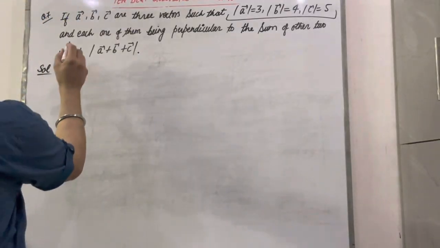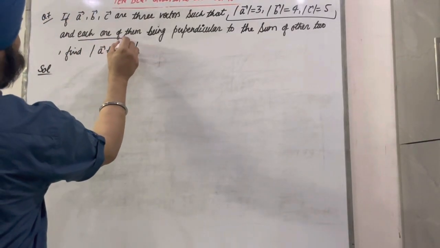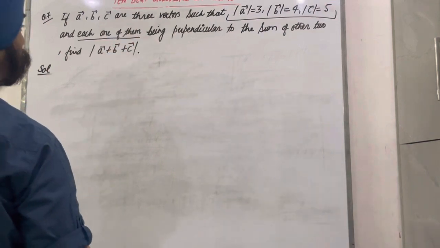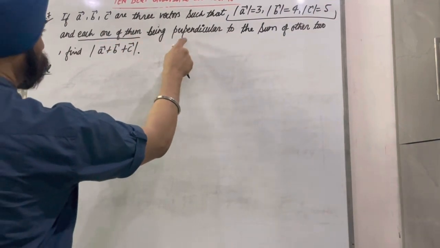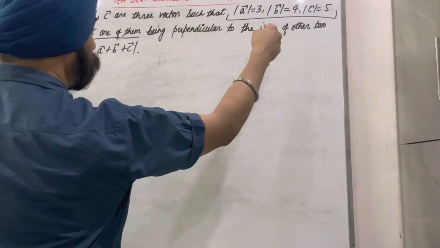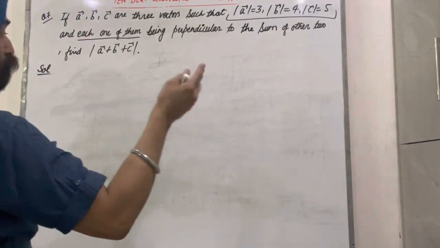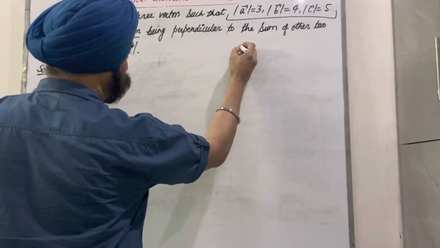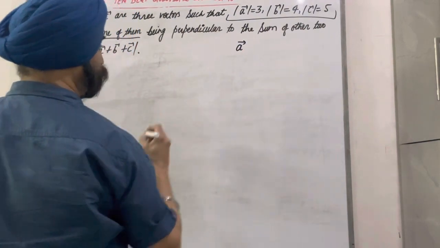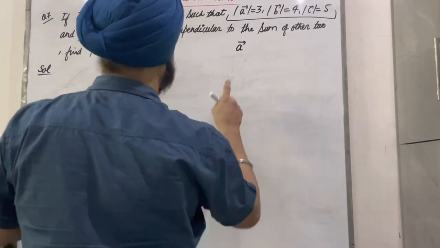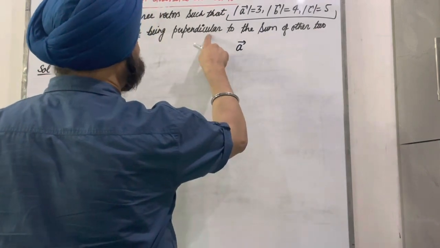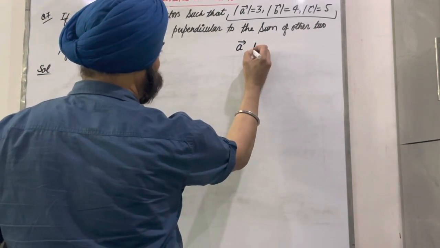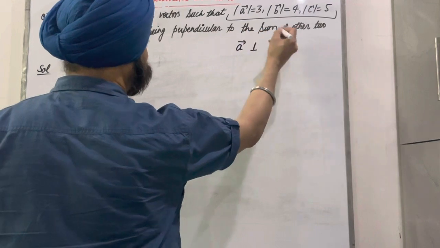What else? Each one of them being perpendicular to the sum of other two. Each one of them, suppose out of A, B and C, if I talk about say A, it is one of them. So each one of them being perpendicular to the sum of the other two.